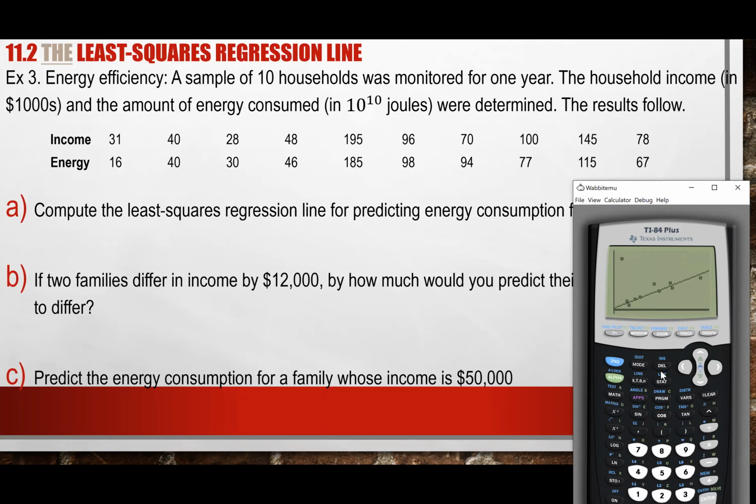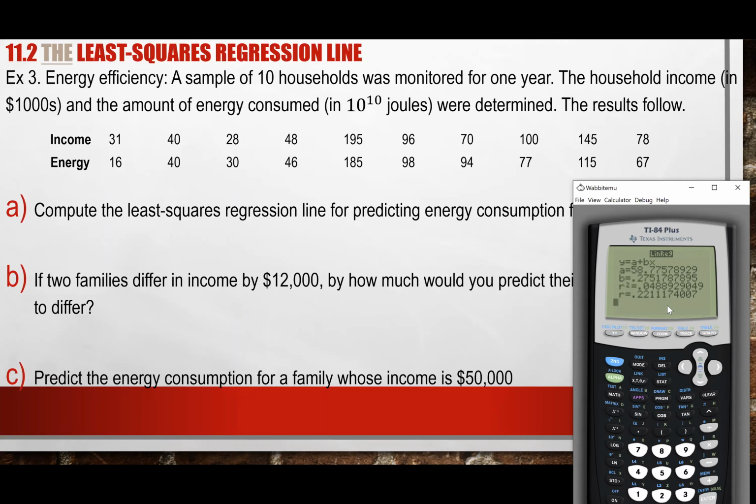Looking at this, we see that there's some outlier up here, some item that is not really in line with the rest. But to find the equation, we go to stat, calculate, option number 8, and then your L1 and L2, and now you calculate. If you calculate, you can see that this is what we have.